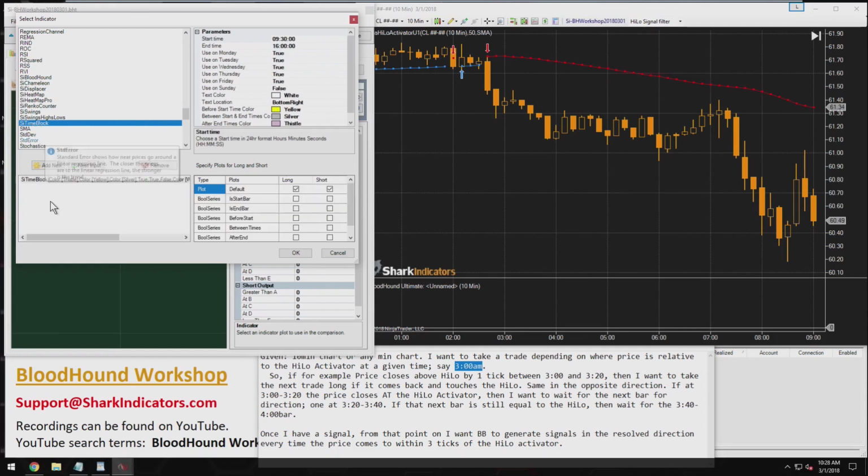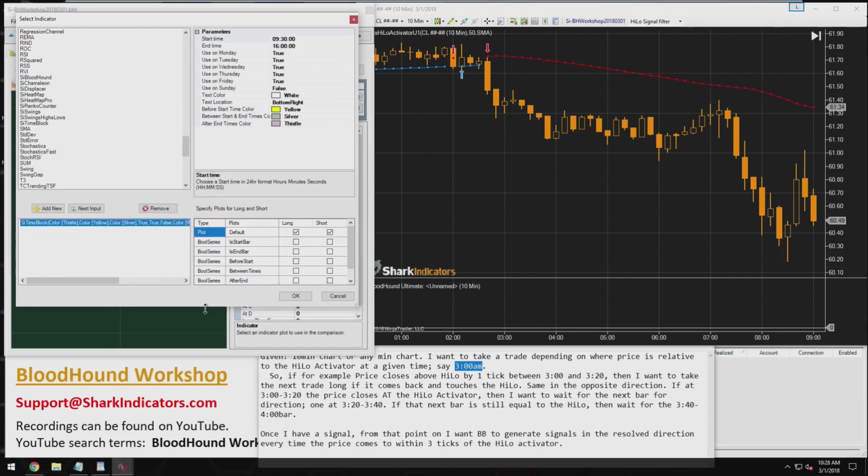The SI time block identifies blocks of time. You can even get it to identify a specific bar, just one bar at a specific time.